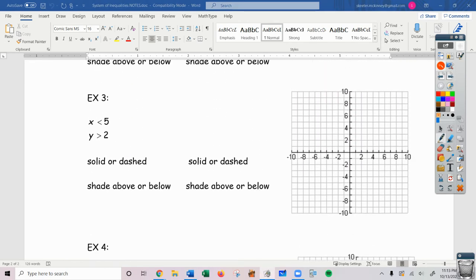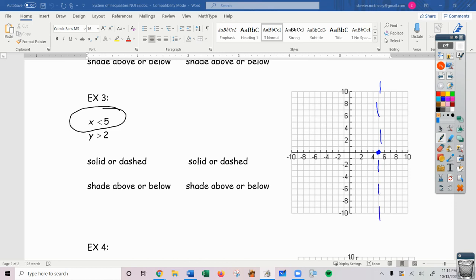Okay, we should also make sure that we are still okay with our vertical and our horizontal lines. So if we have x is less than 5, I know I keep repeating this and making sure we're okay with this. X equals 5 is a vertical line. So this is a vertical line at x is 5. Okay, it's just less than, so that means a dashed line.